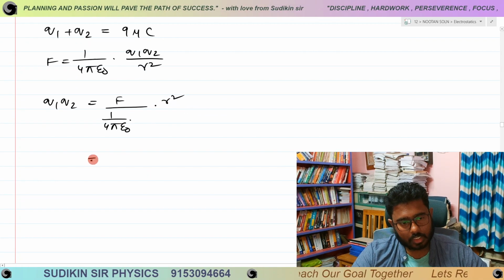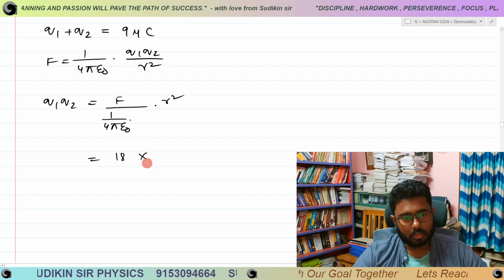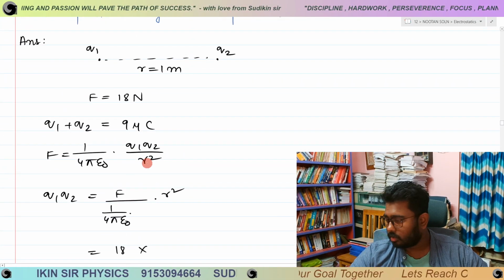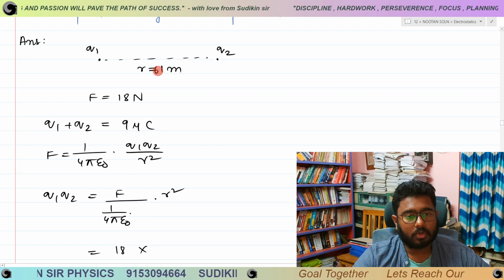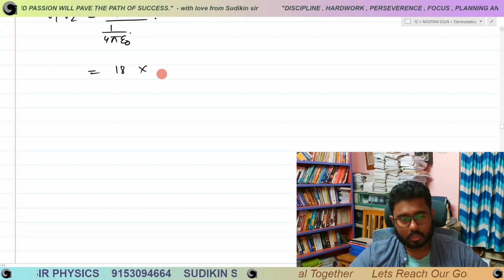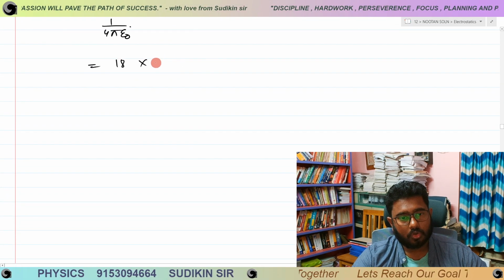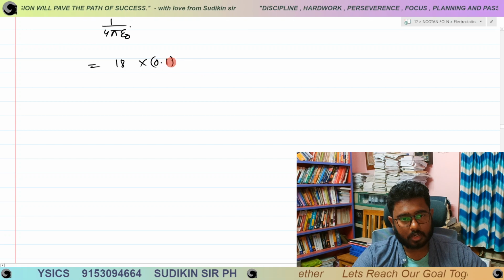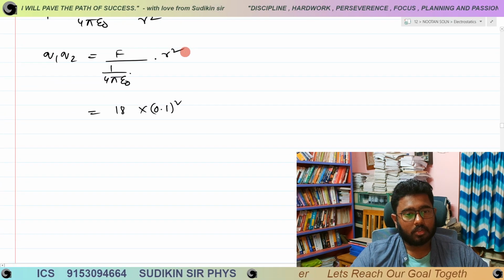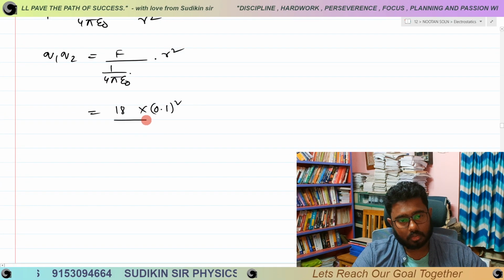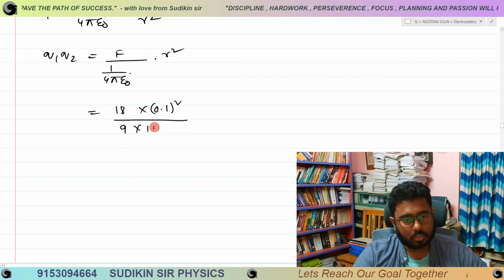So F is 18 into r square, that is 0.1 meter, that is 0.1 square. Okay, divide by 9 into 10 to the power 9.